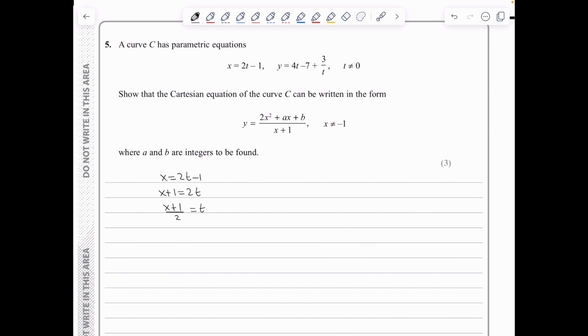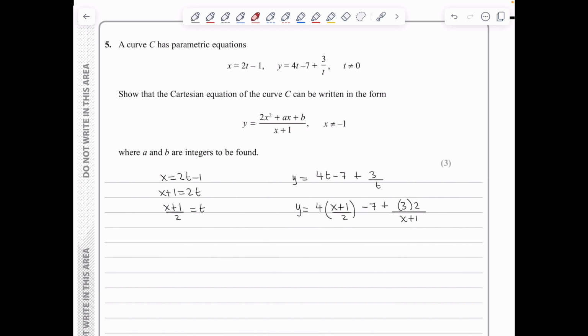and therefore we have that y is 4t − 7 + 3/t, which can be written as 4 times (x + 1)/2 − 7 + 3 over (x + 1), and the over 2 comes in the numerator to avoid seeing fractions within fractions that will make the whole expression seem a lot more complicated.